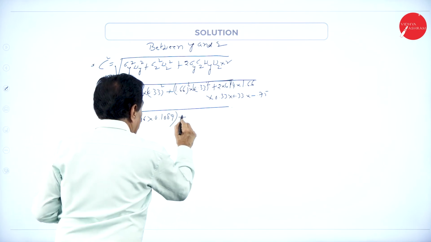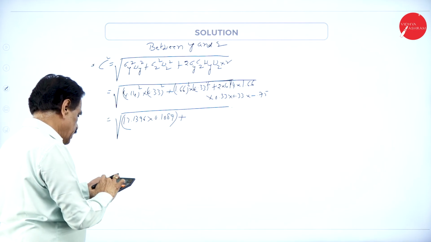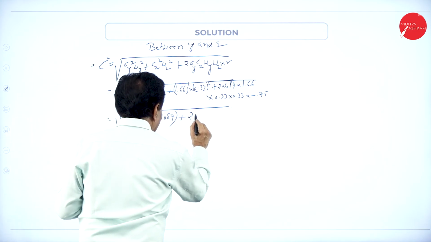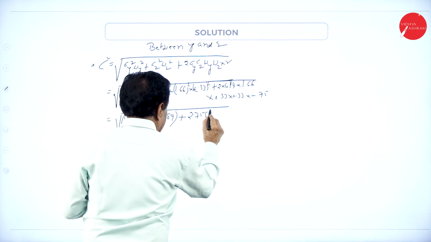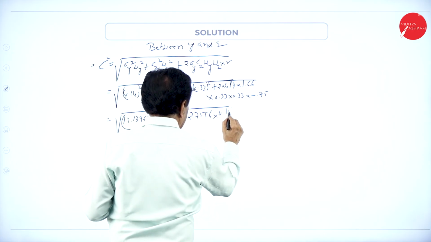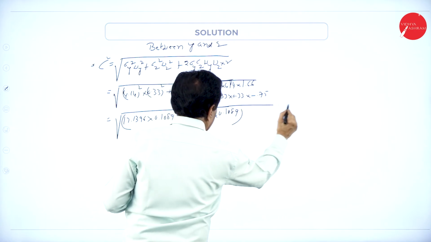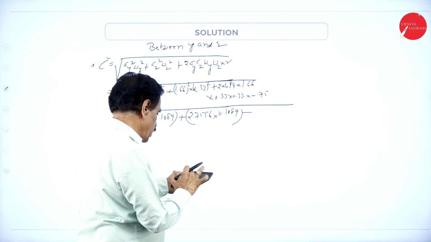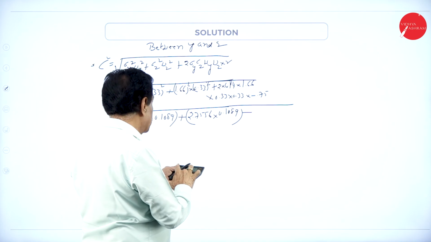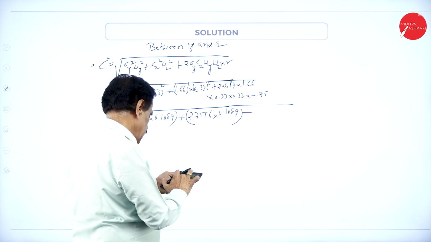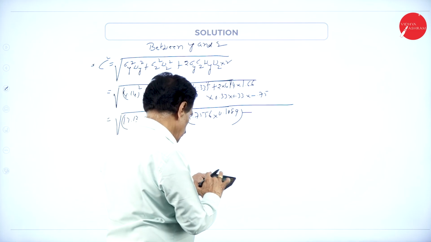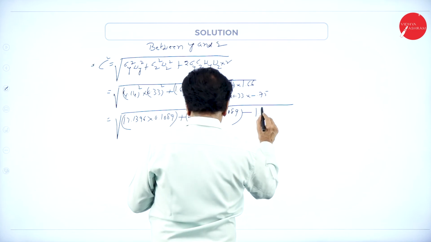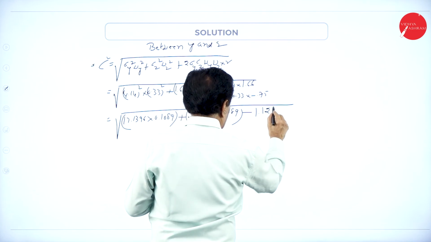0.1089 plus 1.66 into 1.66, 2.7556 into 0.1089, minus 2 into 4.14 into 1.66 into 0.33 into 0.33 into 0.75, minus 1.1226.